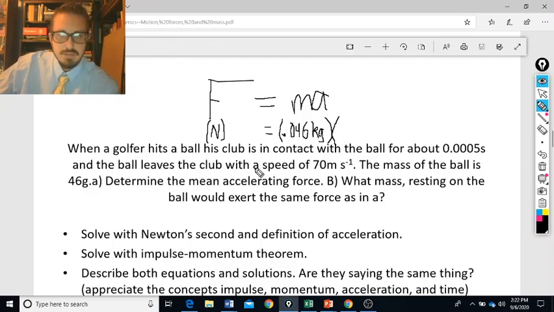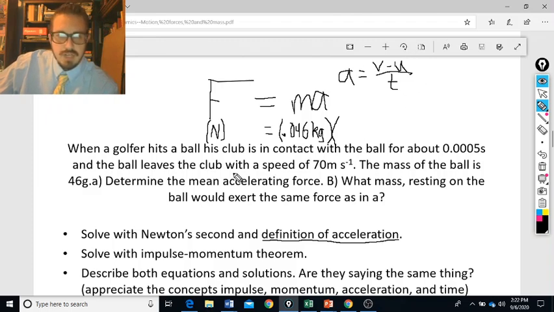A golfer hits a ball, his club is in contact with it for a certain amount of time, and the ball leaves the club with a speed of 70 meters per second. Remember that acceleration, which they actually instruct us to use the definition of in our working here, is defined as the rate of change of velocity. And so acceleration is the final velocity, v, minus the initial velocity, u, divided by the time to move from u to v, v minus u over t.